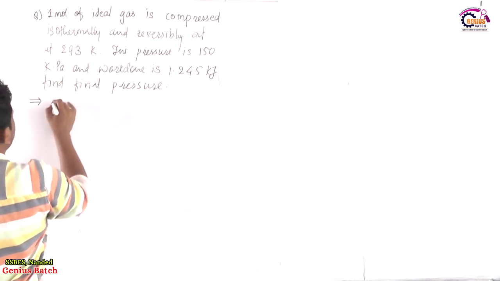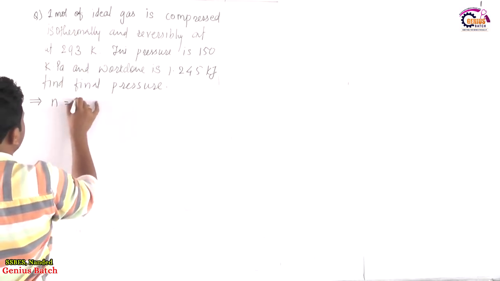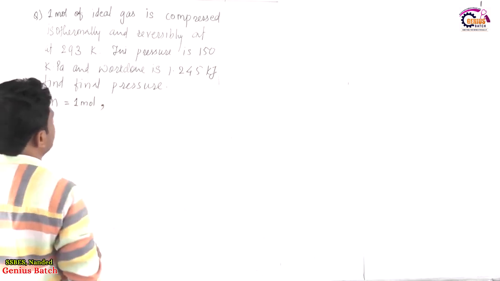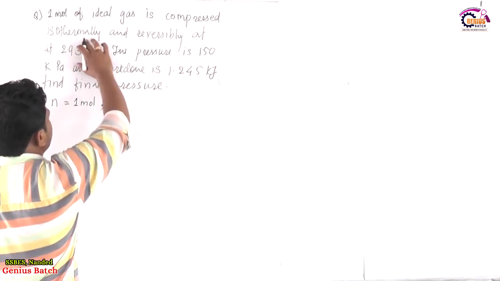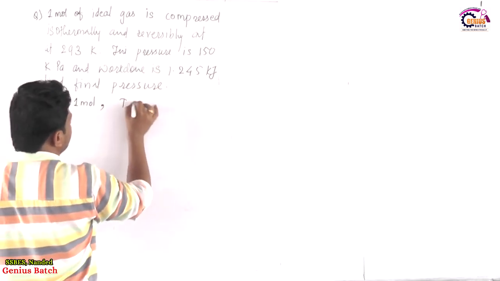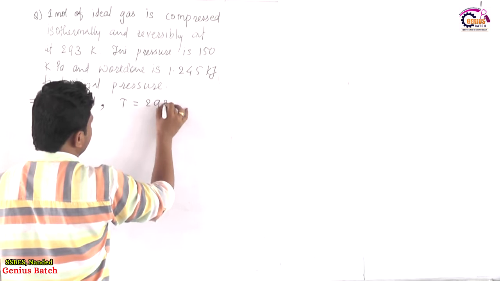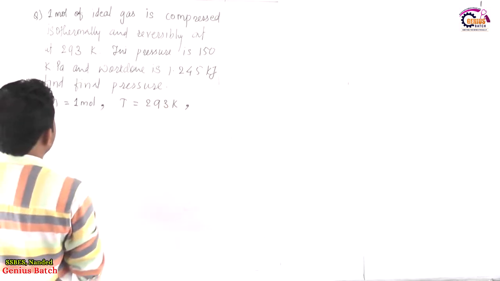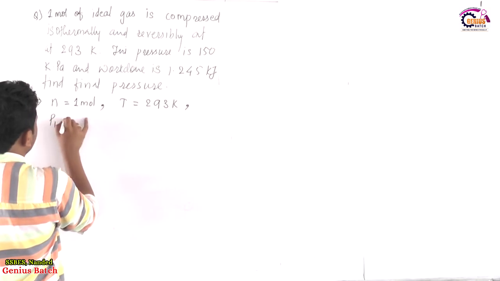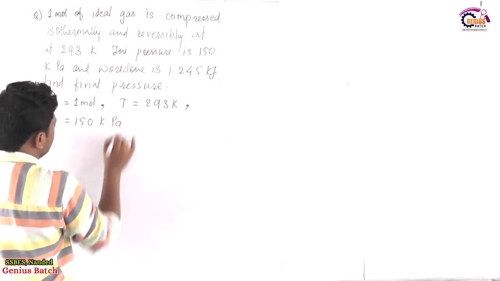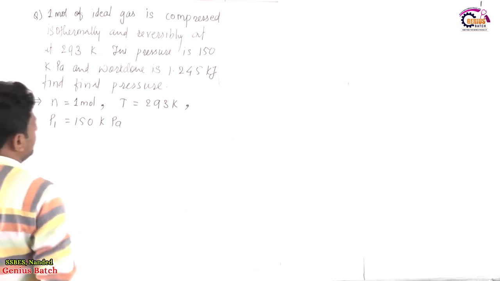1 mole of ideal gas it is. Value of small n, it is 1 mole. Next, compressed isothermally and reversibly at temperature 293 kelvins. Initial pressure means value of P1, 150 kilopascal, and work done.